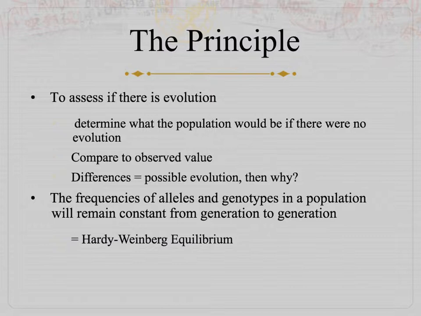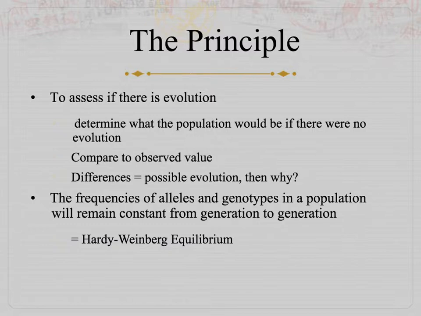The principle behind Hardy-Weinberg and what we're doing is to assess if there is evolution. That's really why we're looking at this equation. It determines what the population would be if there were no evolution. So Hardy-Weinberg shows us what that would be. That way we can compare the Hardy-Weinberg to an observed value.